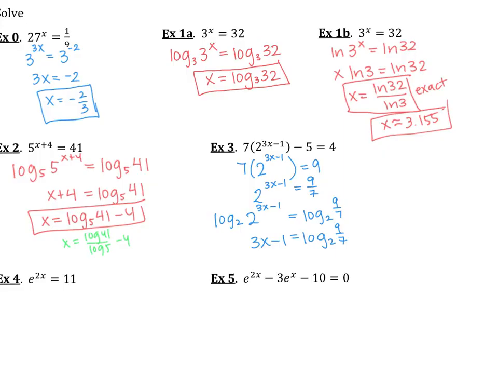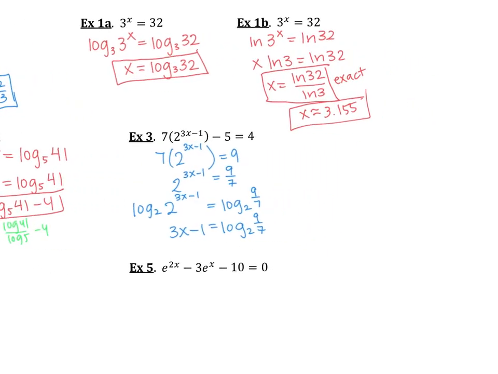Now I'm just going to rearrange this till I can isolate the x. So I'm going to add the 1 over to the other side. 3x equals log base 2 of 9 over 7 plus 1, and then I'm going to take 1/3 or divide by 3. I divided both terms by 3.